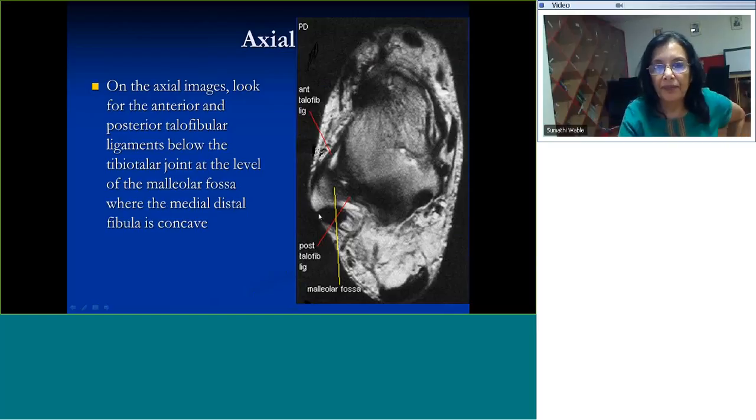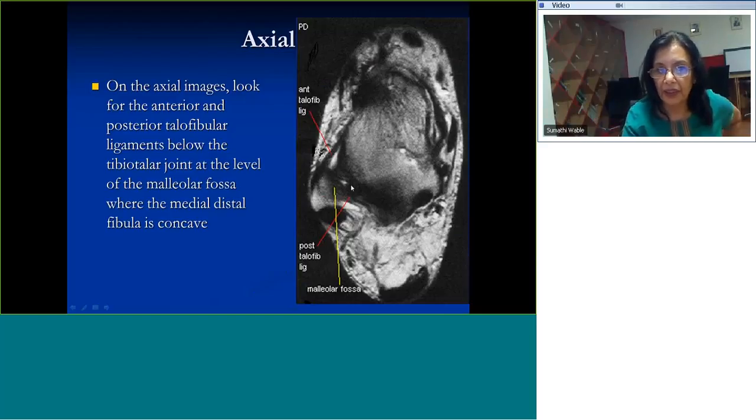Starting with the ligaments, typically anterior talofibular ligament is seen at the very distal tip of the lateral malleolus, where you see the malleolar fossa being concave in the medial aspect of the lateral malleolus.